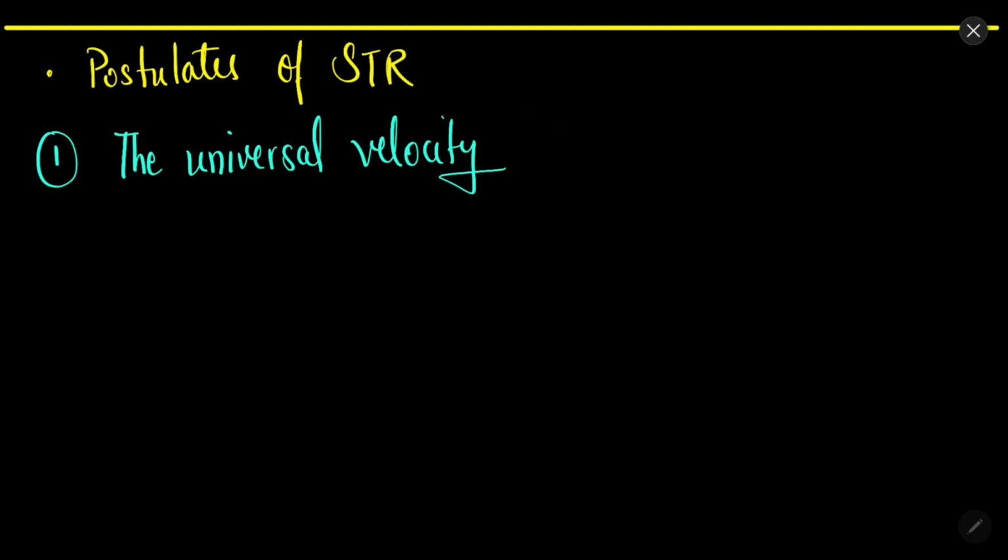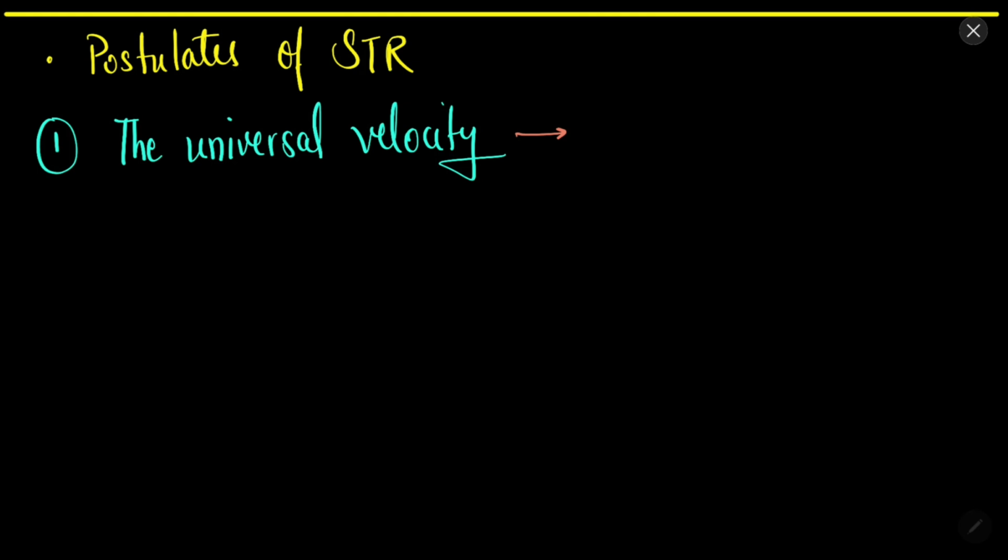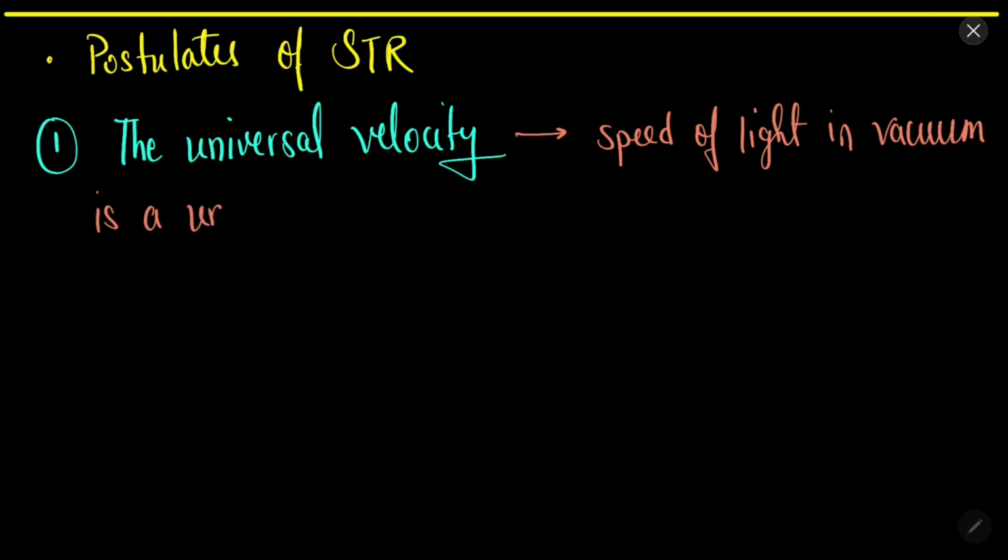So according to this postulate, Einstein said speed of light in vacuum is a universal constant.